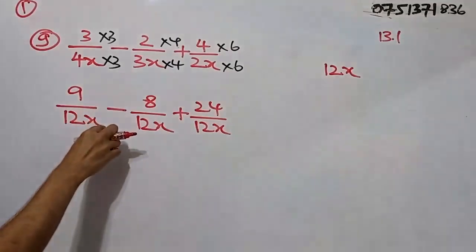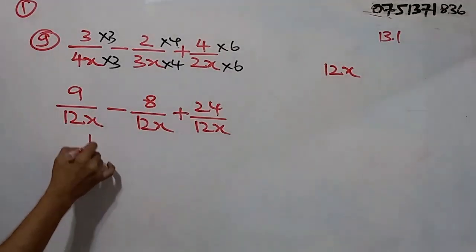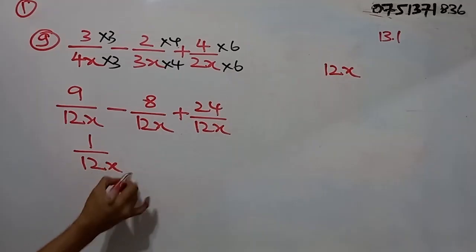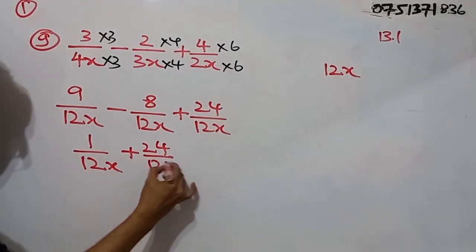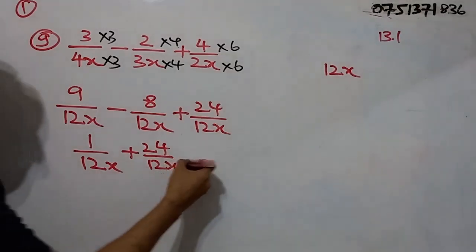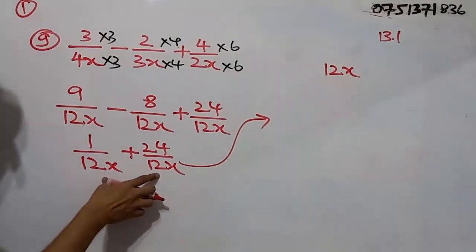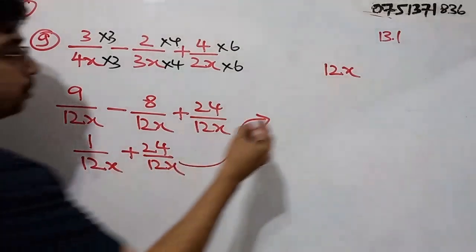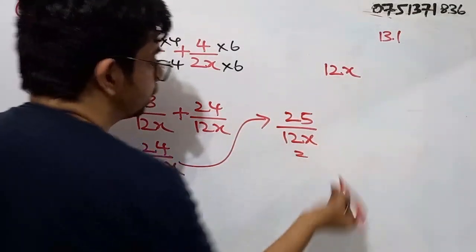So 9 by 12x minus 8 by 12x. What will be the outcome? 1 by 12x plus 24 by 12x. I will continue from here. What will be the outcome of these two fractions? When we add them, it will be 25 by 12x.